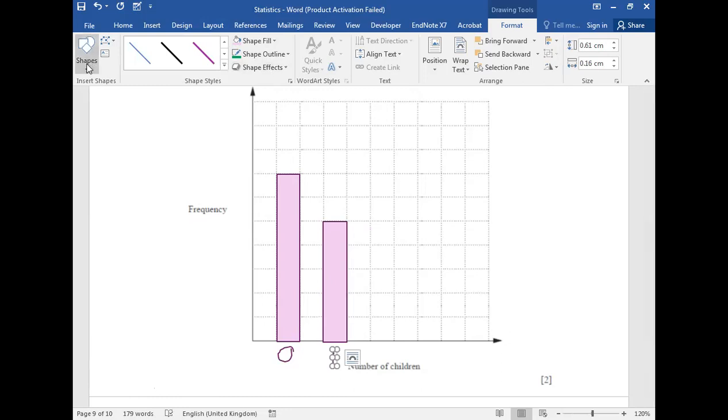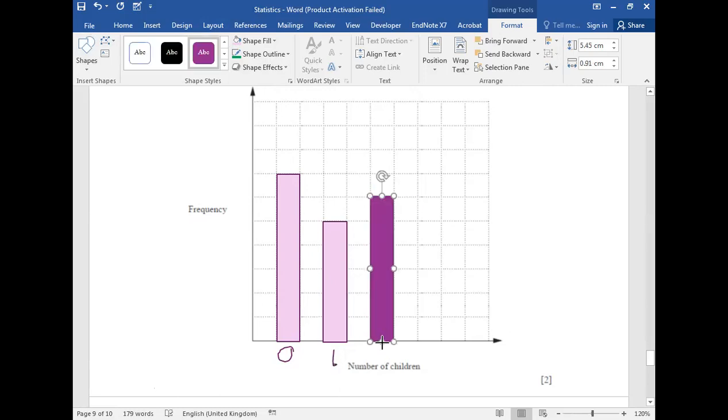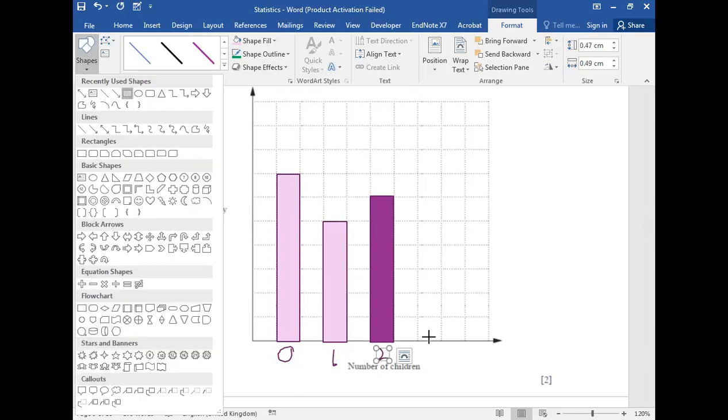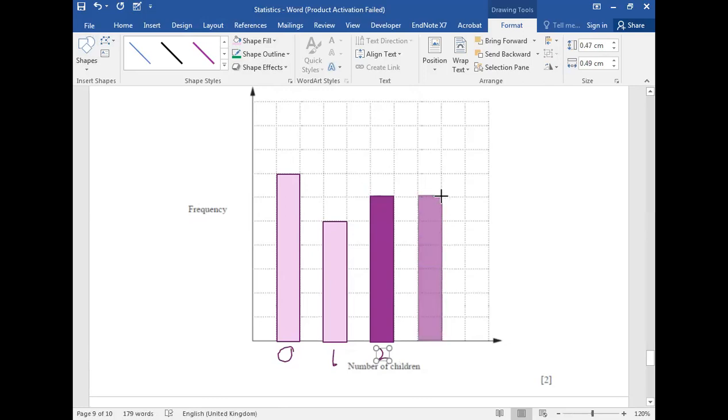Okay, and what about the third one? And how will I label it? 2. What about the fourth one? 4.